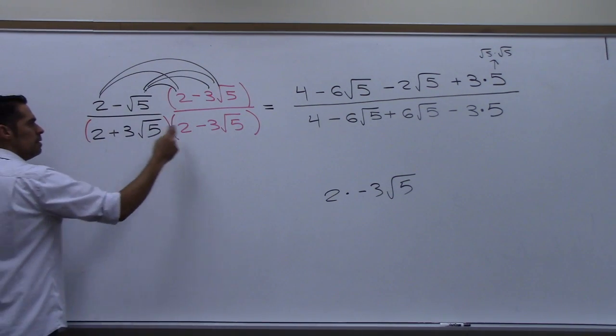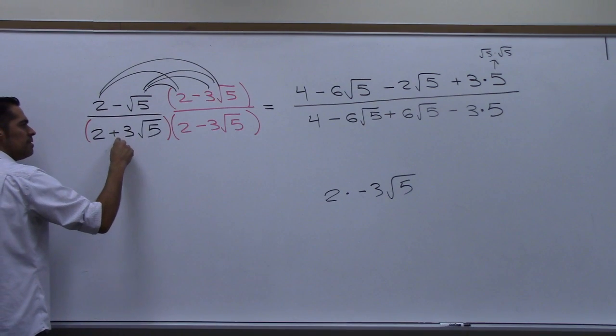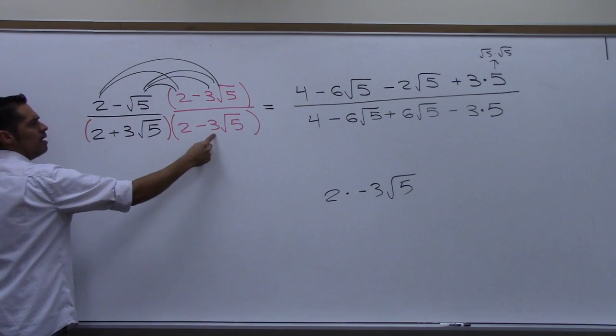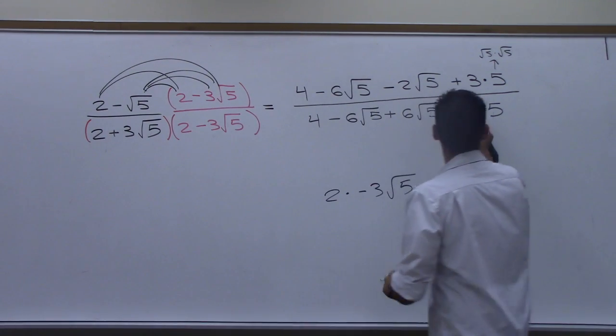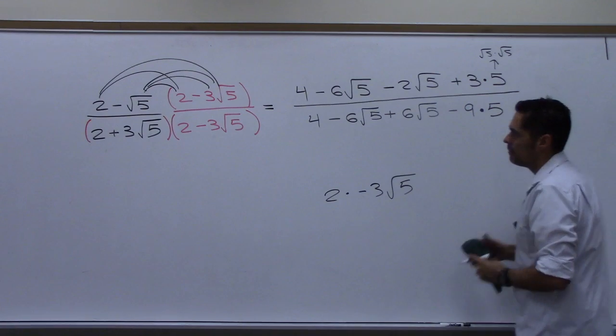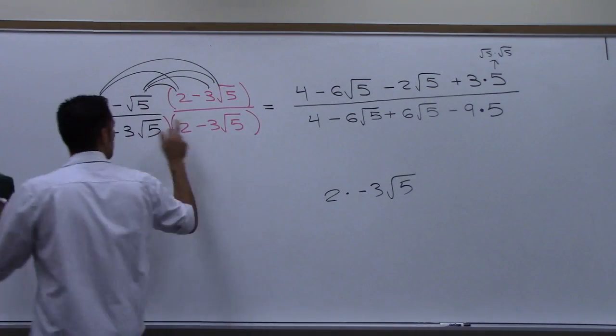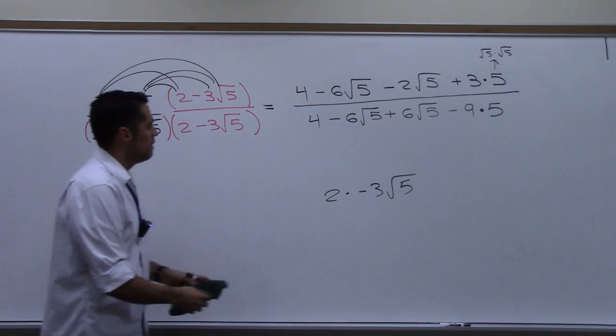4, negative 6 root 5, positive 6 root 5, positive 3 and negative 3, negative, oops. What's that supposed to be? 9. Sorry about that. Glad I double checked that. Positive 3, negative 3 is negative 9, and then root 5 and root 5 is 5.